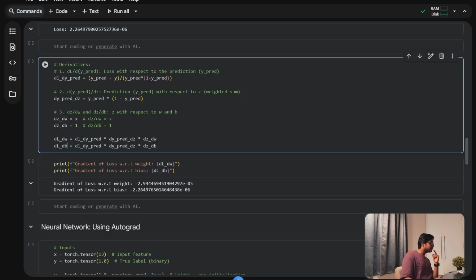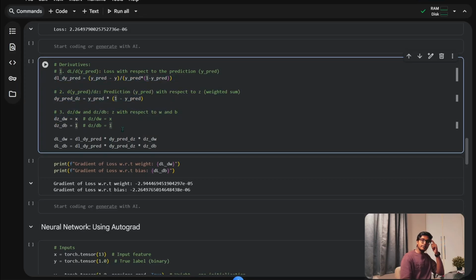Similarly, my derivative of loss with respect to bias is nothing but derivative of loss with respect to my y hat times derivative of y hat with respect to my z times derivative of z with respect to my bias, right? And here we expand these terms.